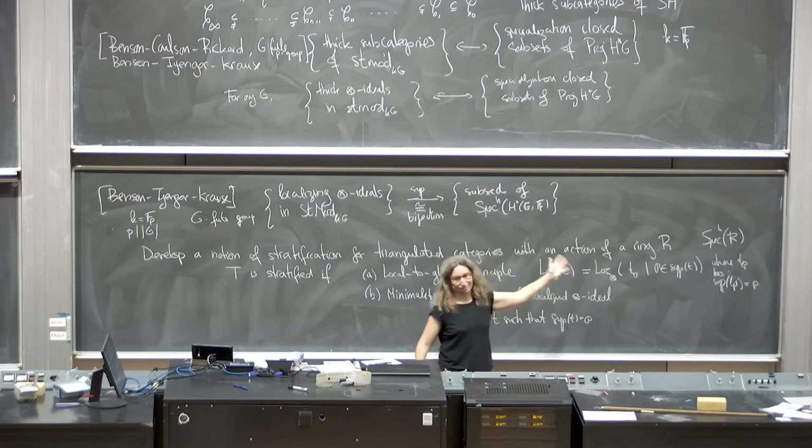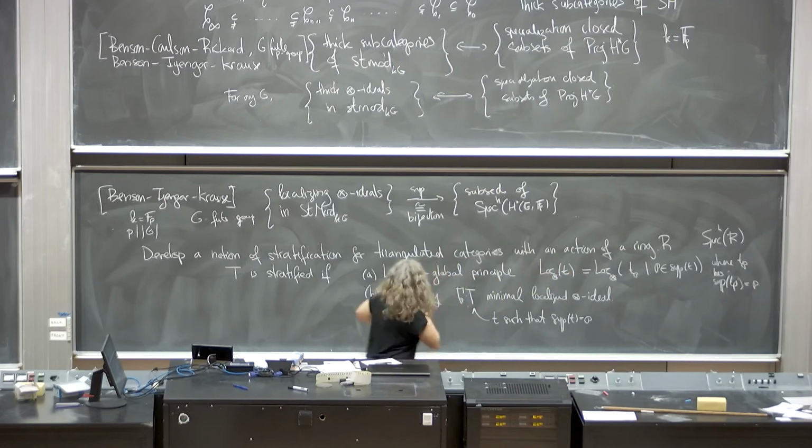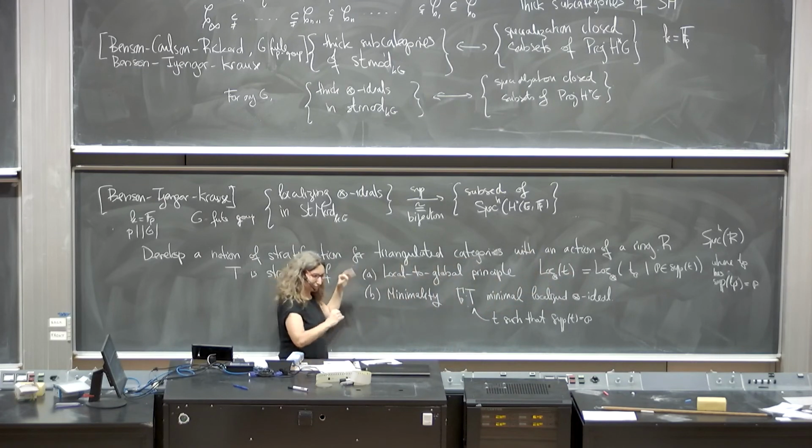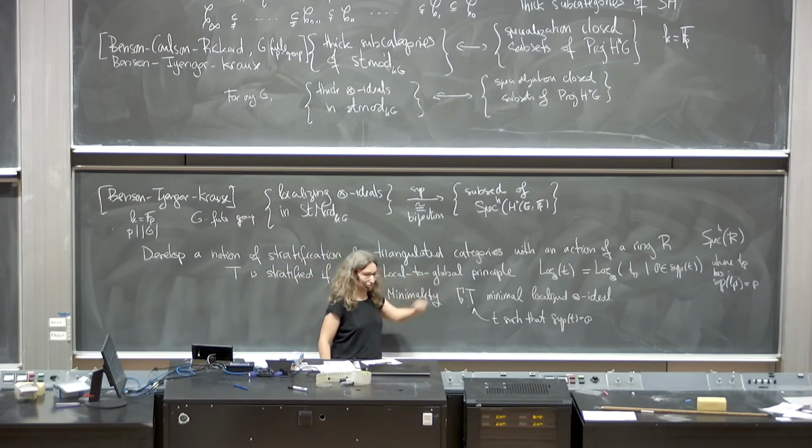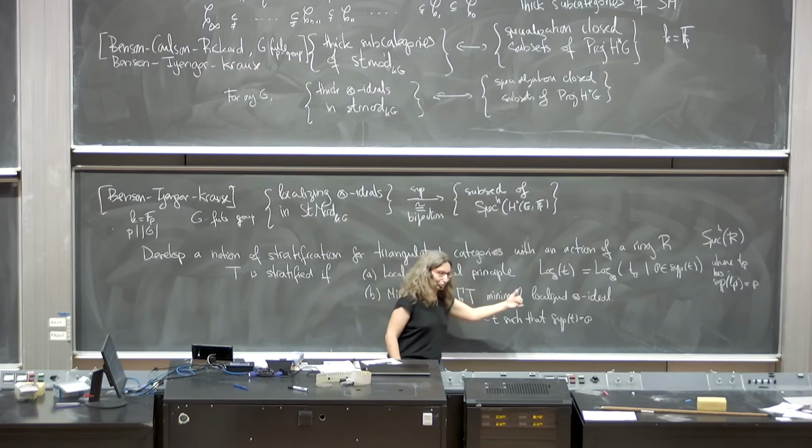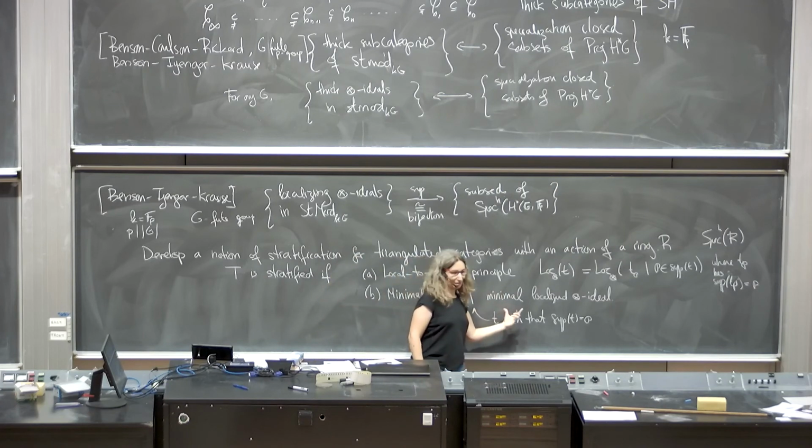This ring will be a graded ring. The key point in their work, for me at least, is that they are able to isolate, from all these different proofs that were in the field and in different fields, the two key properties that your support function has to satisfy: this local to global principle and this minimality.